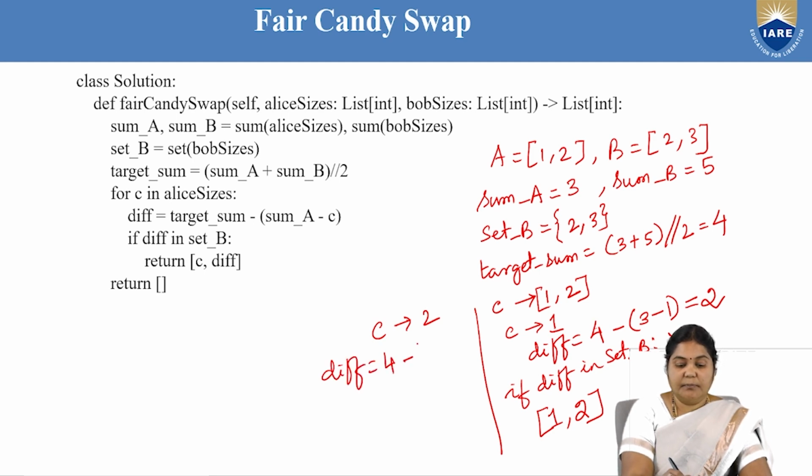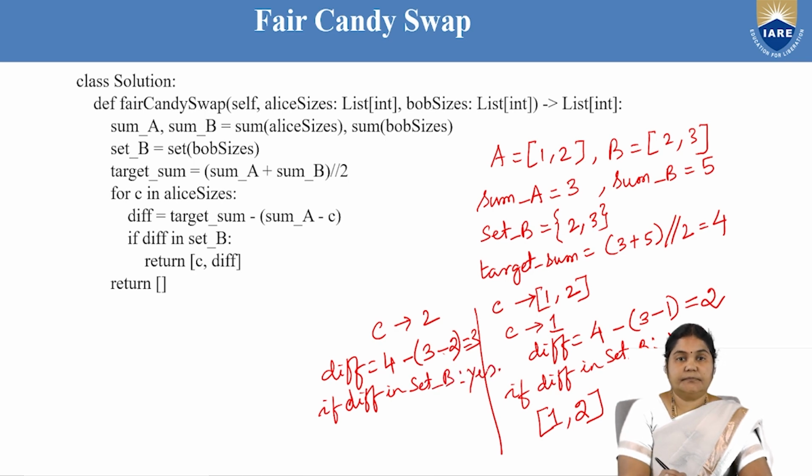Target sum 4 minus sum of A, which is 3, minus 2. It is 1 minus 2, which is nothing but 3. If the difference is in set B, yes, it is there in set B. Then return the candy box, that is 2, 3.